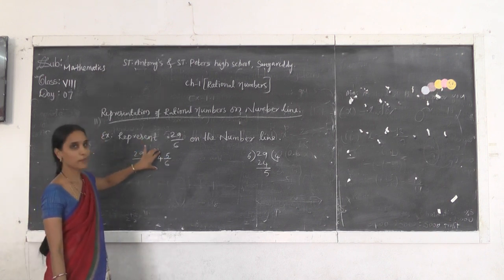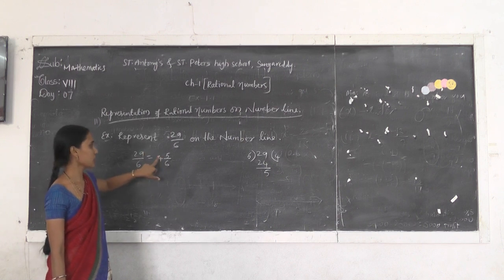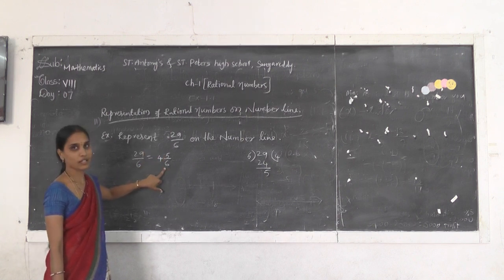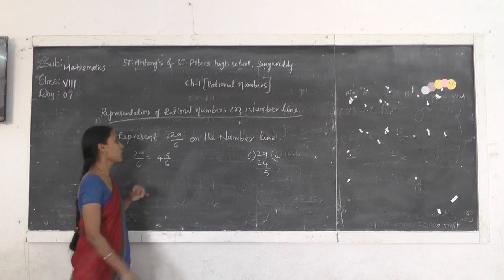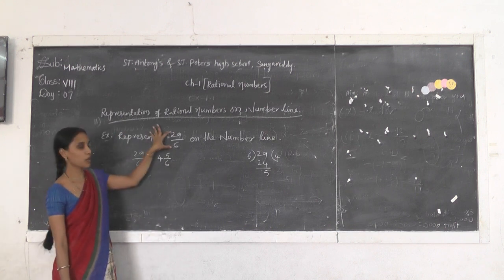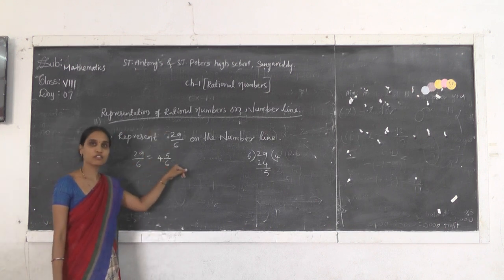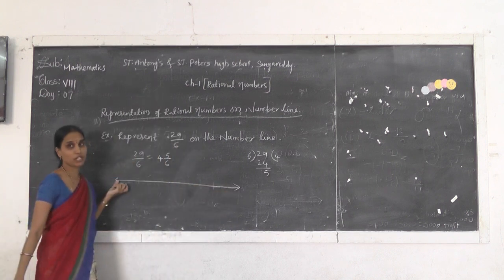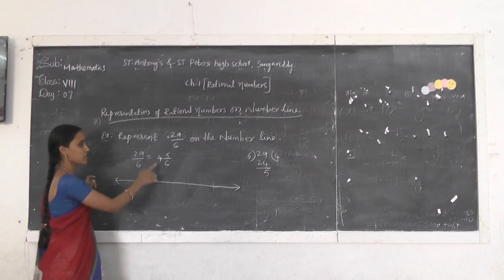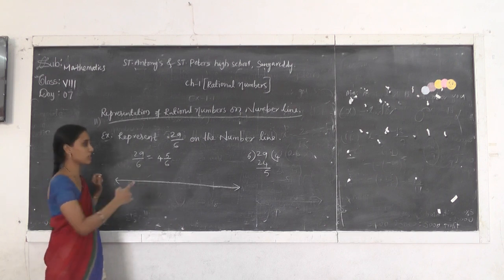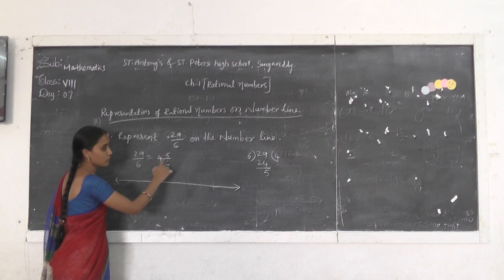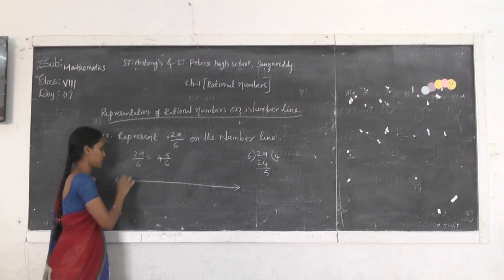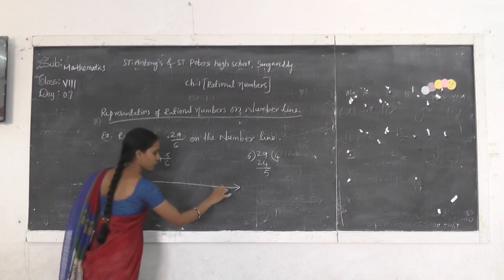So this is the mixed fraction: quotient, remainder by divisor. From this you can understand that this number lies between 4 and 5. So first draw a number line. Don't forget to keep the arrow marks on both sides. This number lies after 4. So write 4 here and 5.